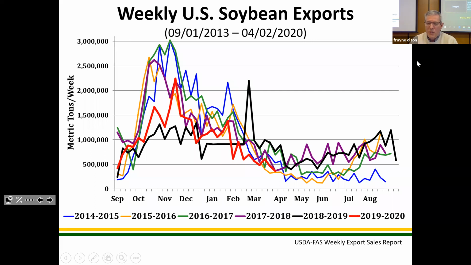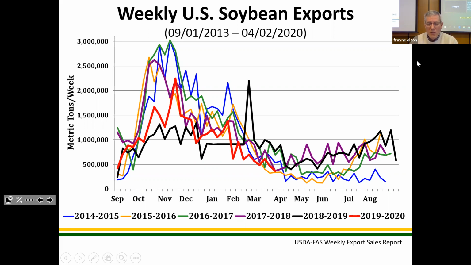Traditionally, our export sales stay relatively slow through June, July, and into the first part of August. By mid to late August, we start to see a transition away from the Brazilian supplies and back to the US supplies. Then as we get into September and October, we get this big ramping up again.